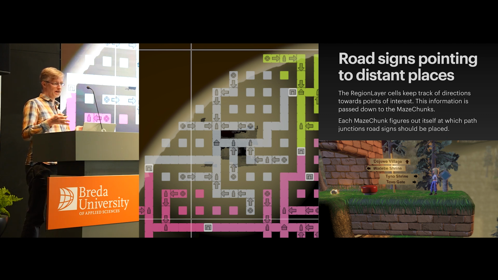And the maze layer, a maze chunk, can query the information about the region layer cell it's in and get that information and then figure out at which points in its own maze-like paths there are junctions where you would need to place these road signs to point what direction you need to go to reach the points of interest.